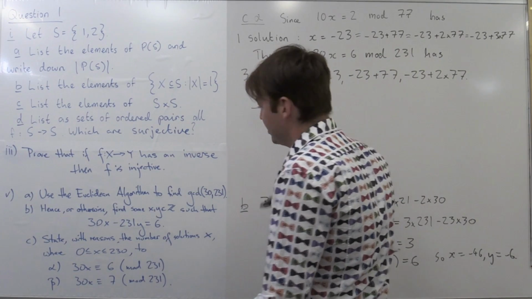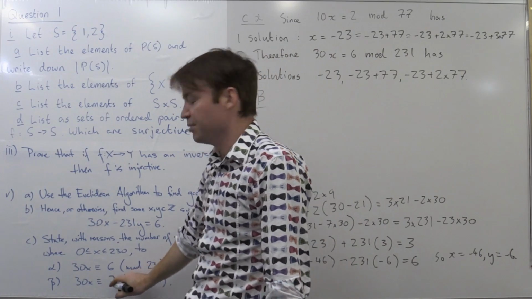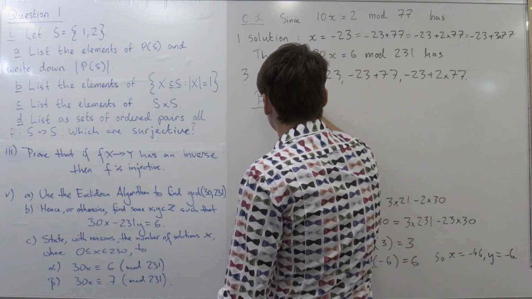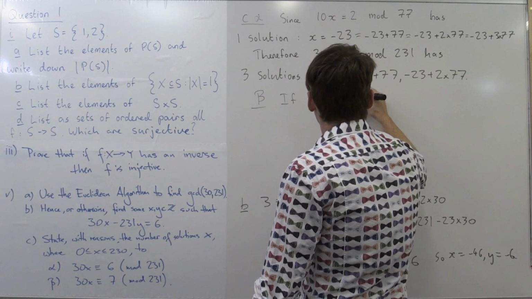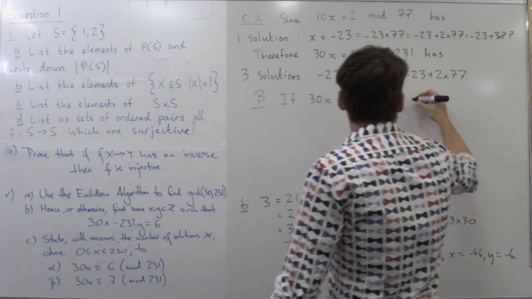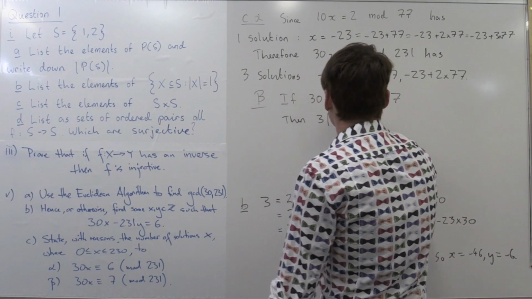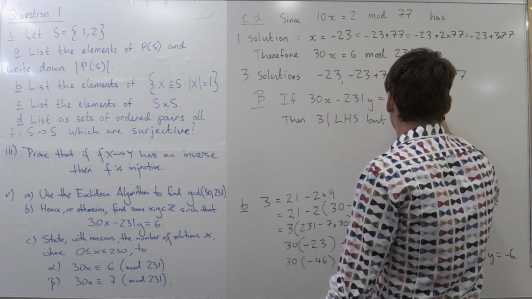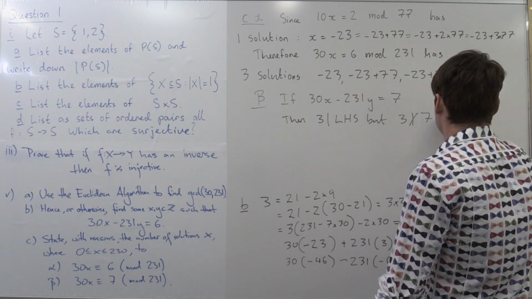For part beta, how many solutions are there to this? Well, this isn't a multiple of the GCD. So you can just say 0, or you could say that if 30x minus 231y is equal to 7, then 3 divides the left-hand side, but 3 does not divide the right-hand side, 7.